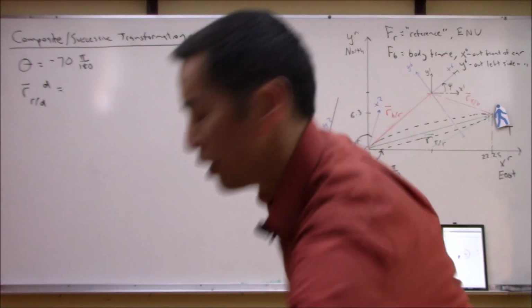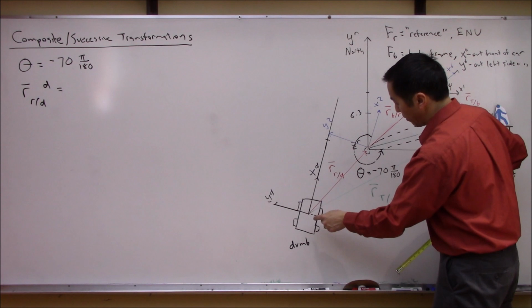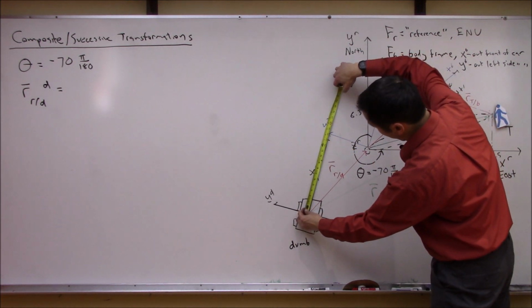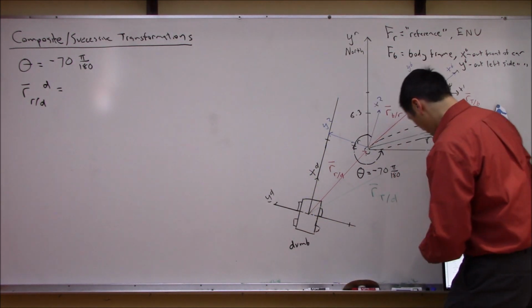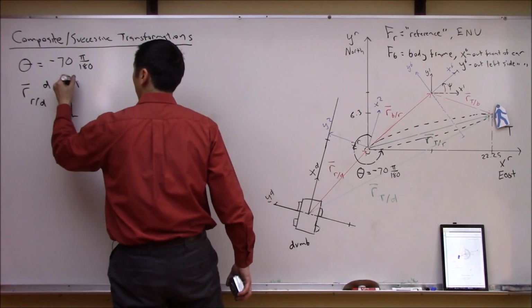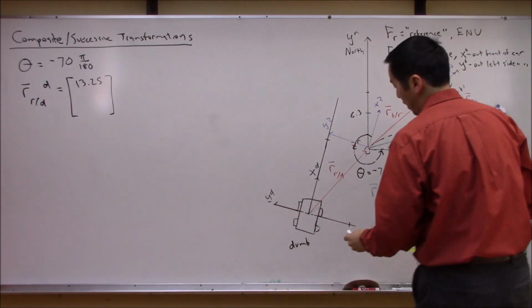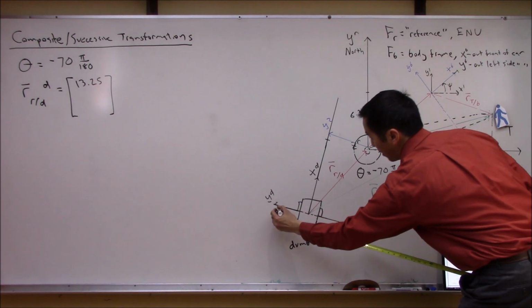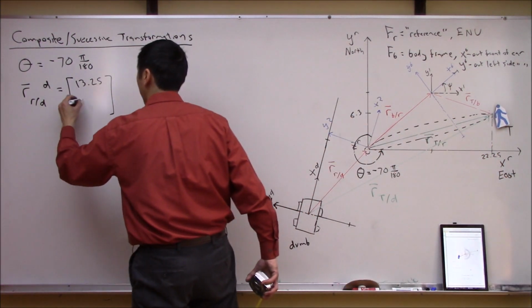Where did it go? Okay, so how far do I need to go in the D frame to get to the origin of the R frame? So let's see, it's that distance. That looks like about 13 1/4 to me. So this is 13.25. And then how far in the Y? I go this distance, about 7.5. But again, look, it's in the opposite direction, in the negative YD. So this is actually negative 7.5.